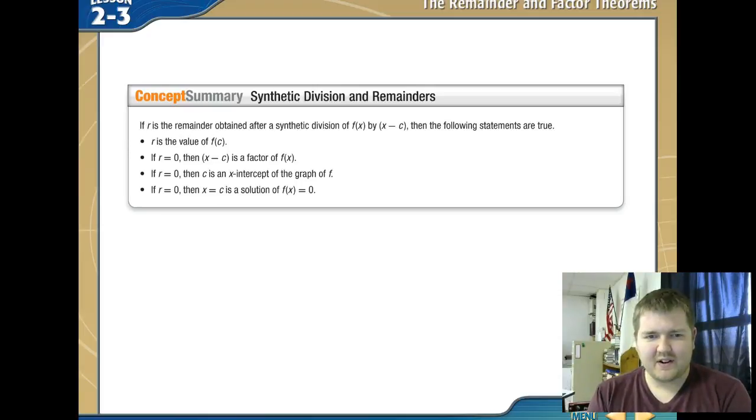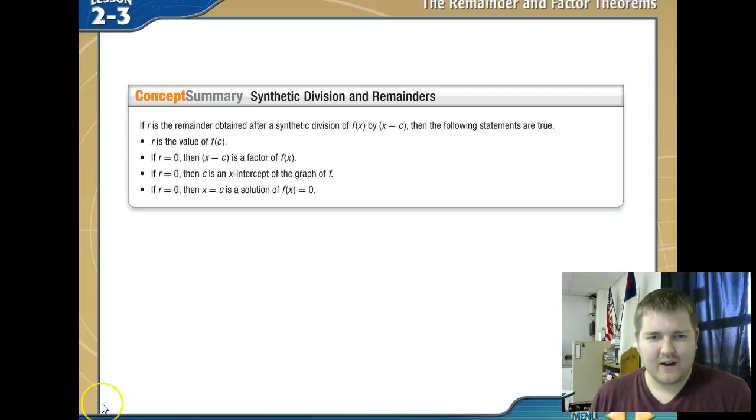Also, if the remainder is 0, then x minus c is a factor, which we determined in that example. If the remainder is 0, then the value c is an x-intercept of the graph of f. And finally, if the remainder is 0, then x equals c is a solution of f of x equals 0.